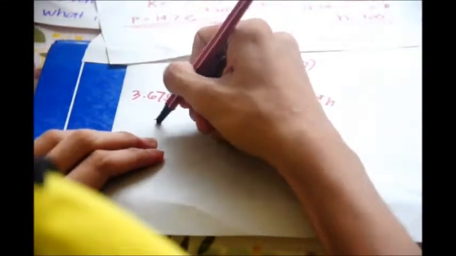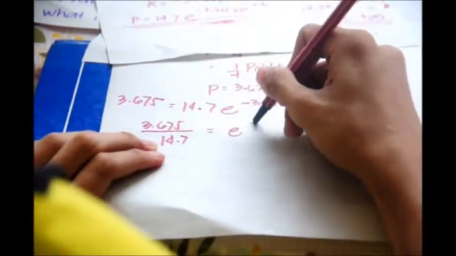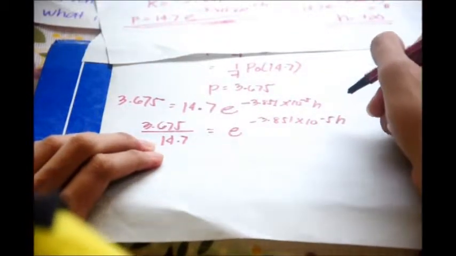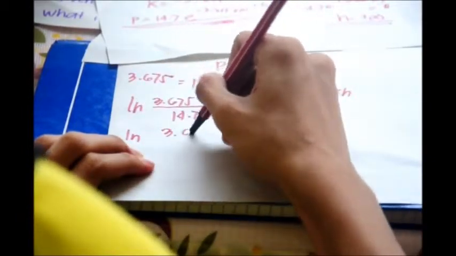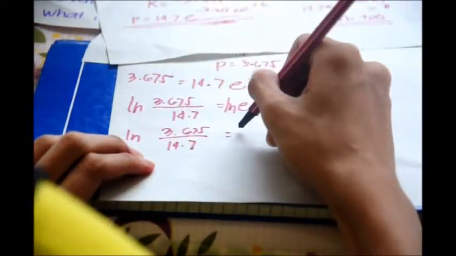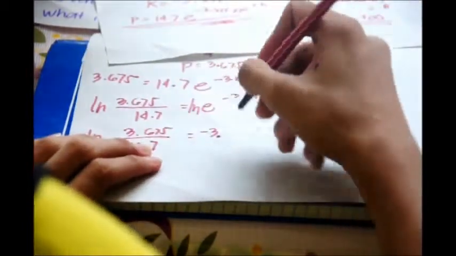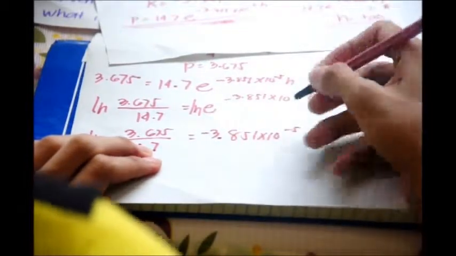So 3.675 over 14.7 equals e to the negative 3.851 times 10 to the negative 5 h. Taking ln of both sides, we get ln of 3.675 over 14.7 equals negative 3.851 times 10 to the negative 5 h.